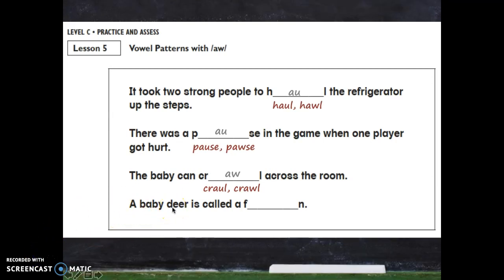A baby deer is called a fawn, F-A-U-N, or F-A-W-N. Which one is the correct spelling? Pause the video and check when you are ready. If you said F-A-W-N, a baby deer is called a fawn, you were right.